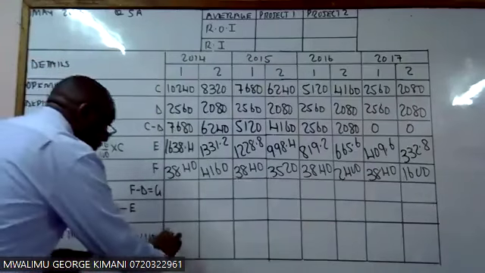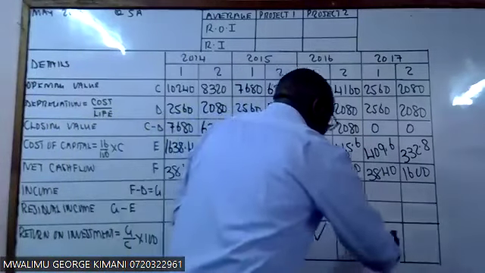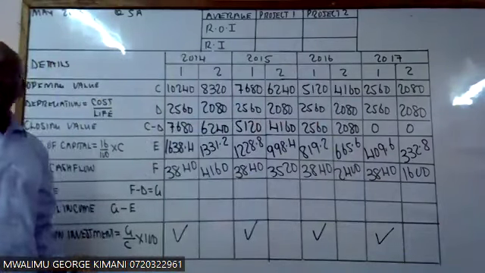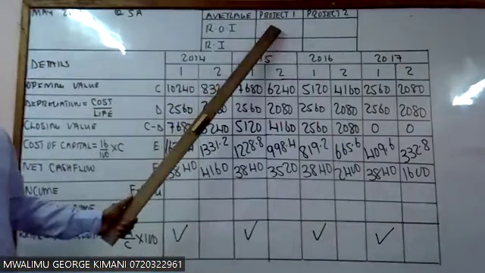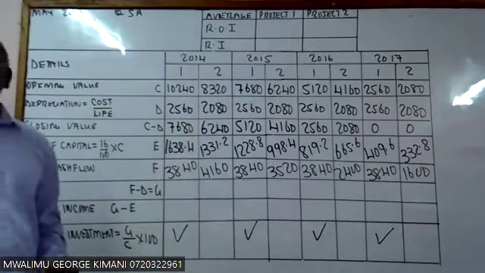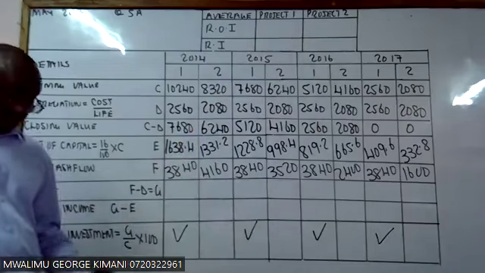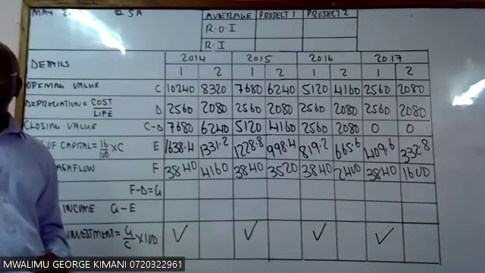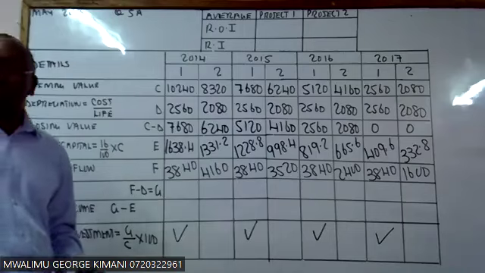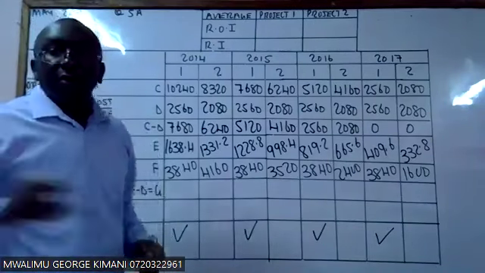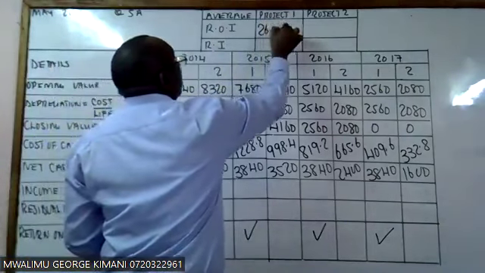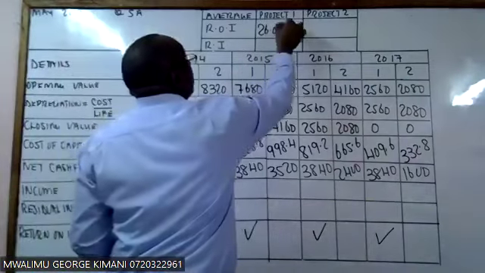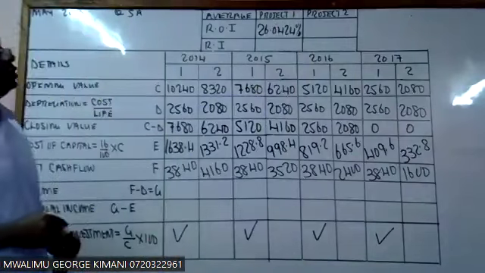You take these four values, add them, and divide by 4. The answer here is 26.04.